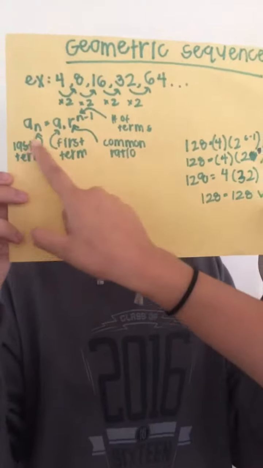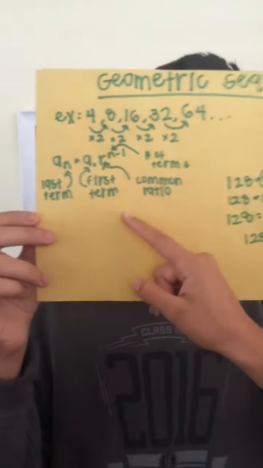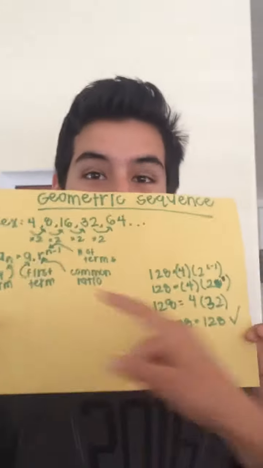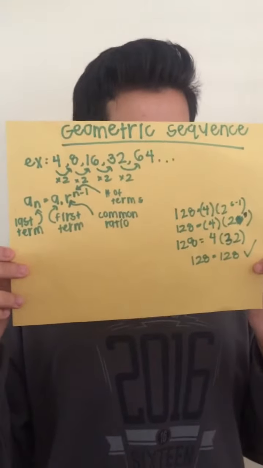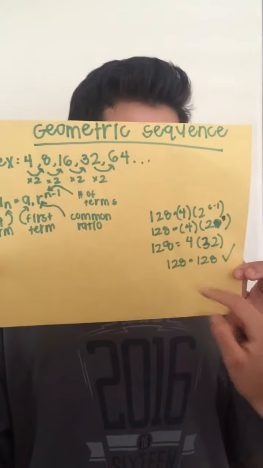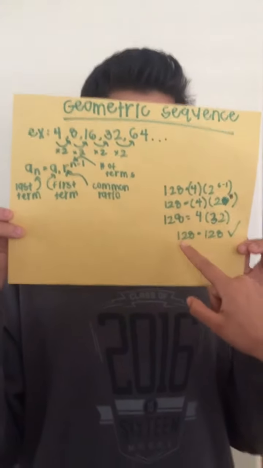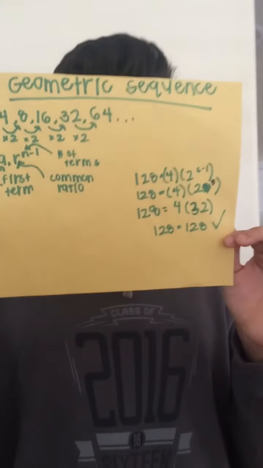So An equals the last term, and then A1 is the first term, and then R equals the common ratio, and then the n right here equals the number of terms. So you plug in all the terms, and you have to solve this problem, and you have to find out if they equal each other. So in this case, they do equal each other, and you get 128 equals 128.